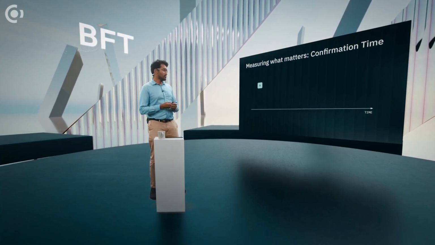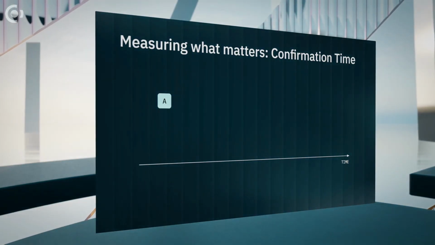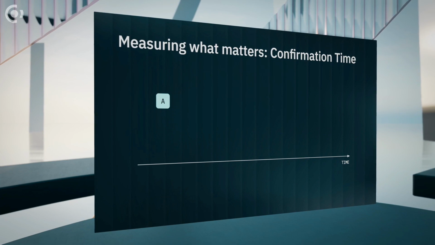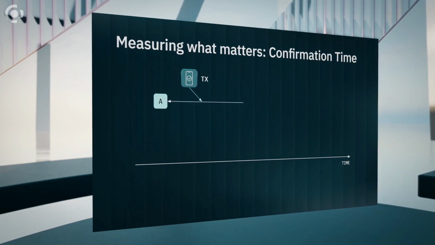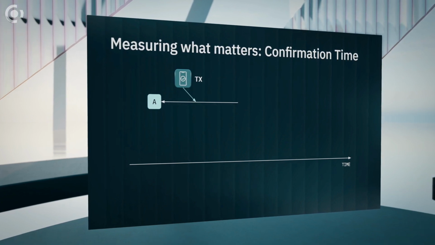Confirmation time is the amount of time that it takes for a transaction submitted to the network to become an immutable part of the blockchain. To illustrate how that works in the case of ConcordiumBFT, please allow me to use the schematic here, where a transaction is submitted after block A has been produced.